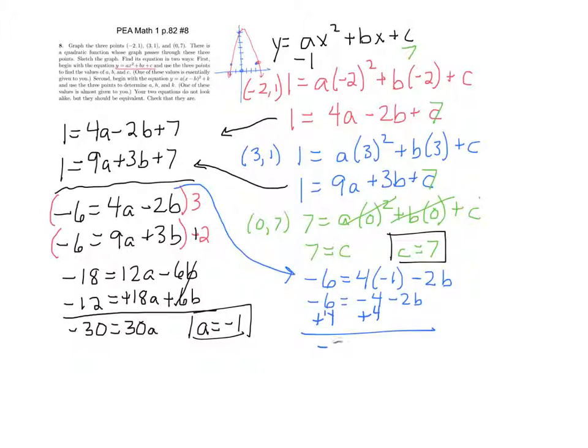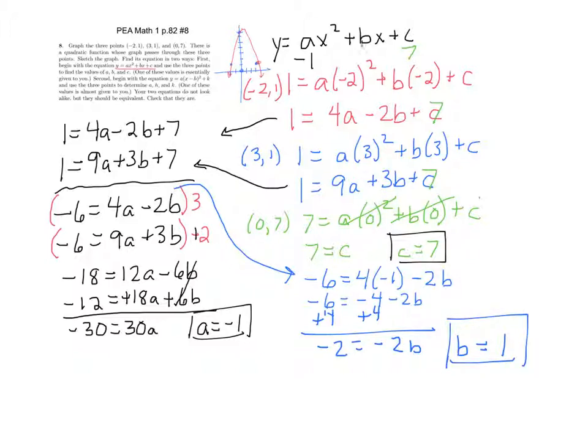So I get -2 = -2b. So what does b equal?